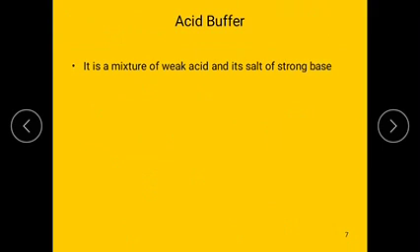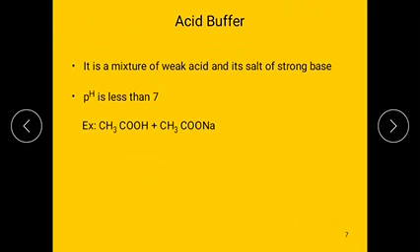An acidic buffer can be prepared from a mixture of a weak acid and its salt of a strong base. Then the pH is less than 7. An example is acetate buffer.